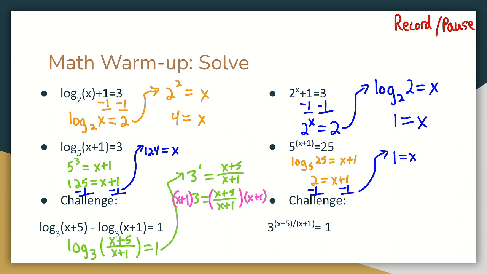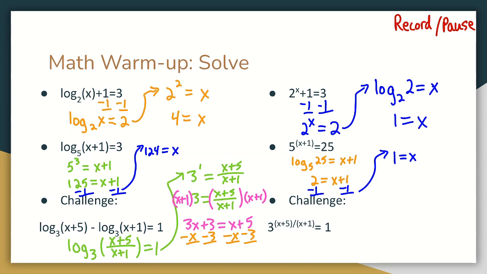So distributing on the left, we have 3x plus 3 is equal to x plus 5. And now that looks like something that you can work with a little easier. I'm going to subtract x, and at the same time, I'm going to subtract 3.